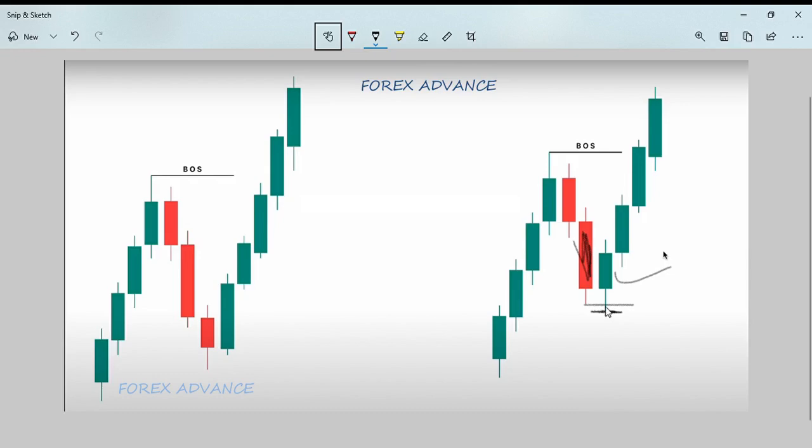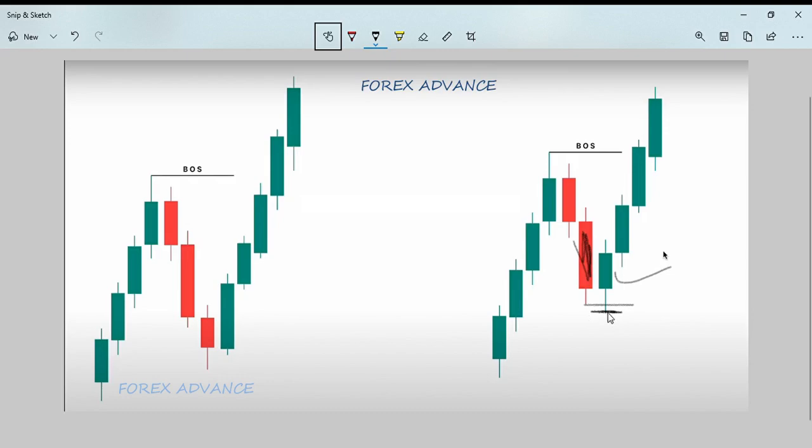Don't be confused with the colors, don't be confused with the movement. Always look for the last lower point. Even though this candle is green, even though this is a buying candle, you have to look for the lowest point.